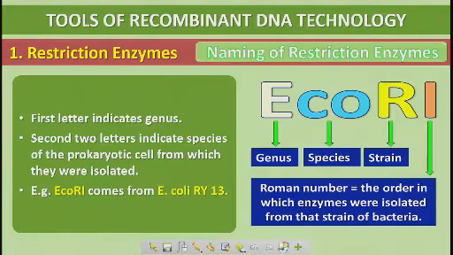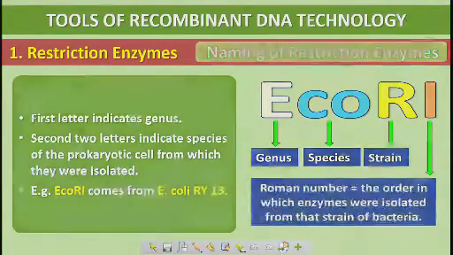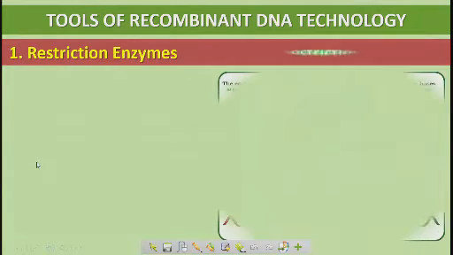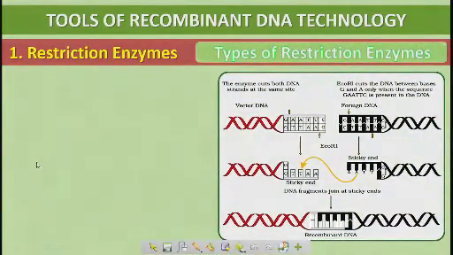So the letters co are taken from coli. And R stands for the restriction enzyme, and the Roman number indicates the sequence of the restriction enzyme in which it was discovered.